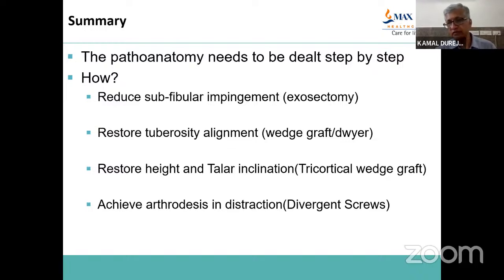You change the orientation of the tuberosity. If it is minor, just put a wedge graft. If it is more, do a wire. Achieve the height by calculating it preoperatively and using a tricortical graft, and then achieve an arthrodesis with the principle of distraction arthrodesis. That means using your divergent screws. Thank you.